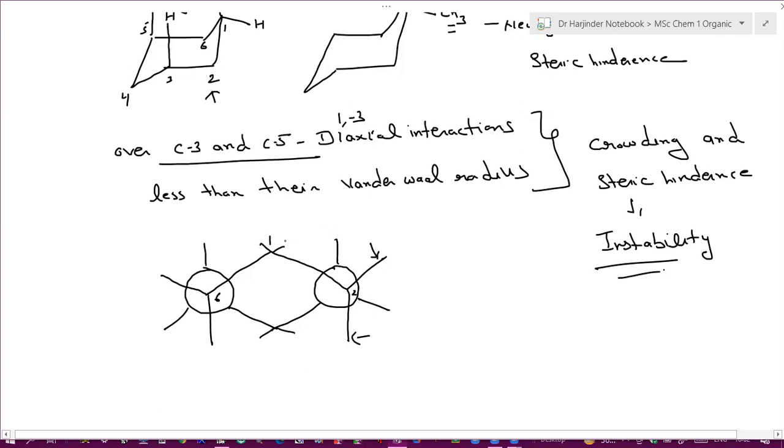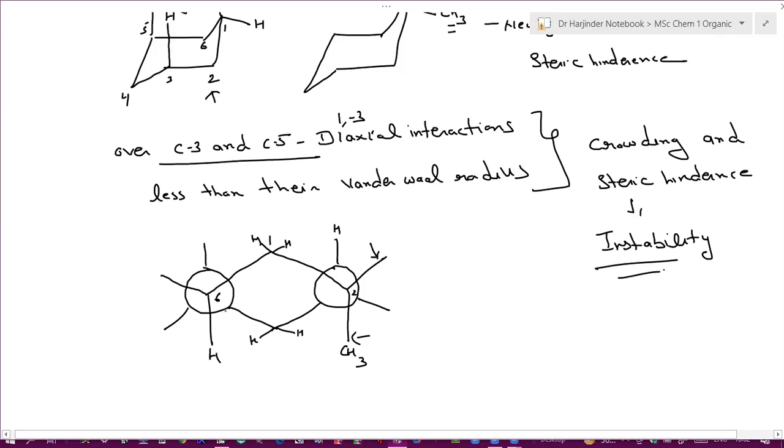The one that is down is axial. So if you replace the hydrogen over here, it will become something like this. Okay, so here you also have hydrogen.